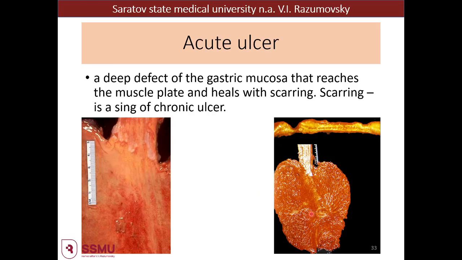And it's really important to understand the difference between hemorrhagic erosion, acute ulcer, and chronic ulcer. From a morphological point of view, these are really different structures, because we can see damage only of mucous and submucous layers in case of erosion, damage of all layers in case of acute ulcer, and in case of chronic ulcer we may see damage of all layers of the stomach with formation of connective tissue.